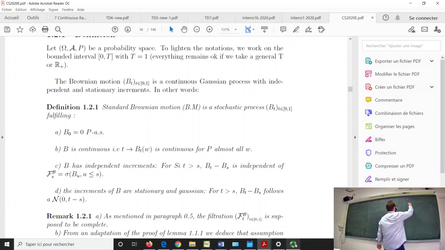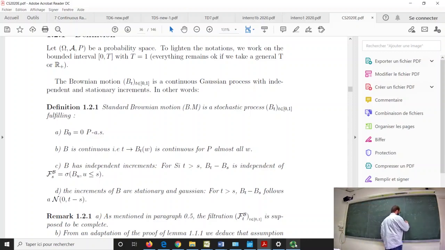But it's important to have in mind, it's a deep result of probability theory called the monotone class theorem, but whatever, what I want you to have in mind is what we are going to write now. If I ask you to prove that Bt minus Bs is independent of Fs, in fact, what I want you to prove is that Bt minus Bs is independent of all the random vectors that may be built from the Bu.